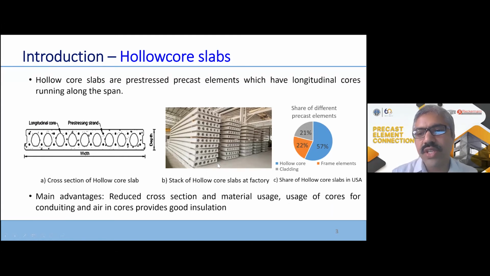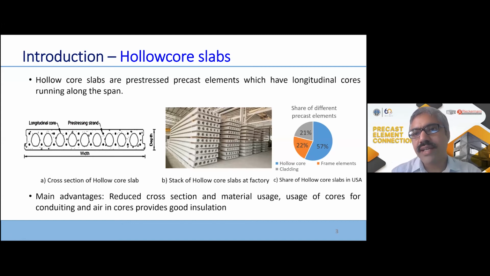They reduce the cross-sectional area, and since these are pre-stressed elements, by reducing the A in the denominator of the P by A component, you increase the pre-stressing stress. That gives the benefit of increased capacity. Apart from that, we can also save some material and use those cores for electrical or MEP conduiting, and the air in those cores also provides good insulation.